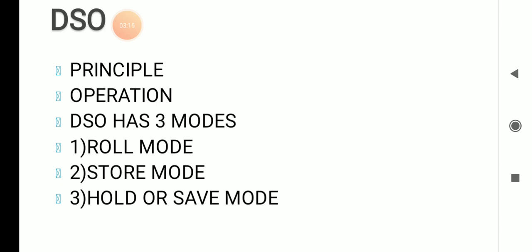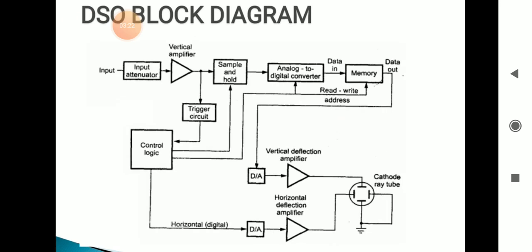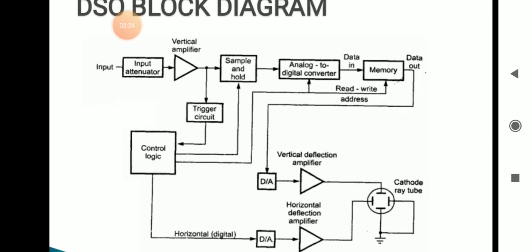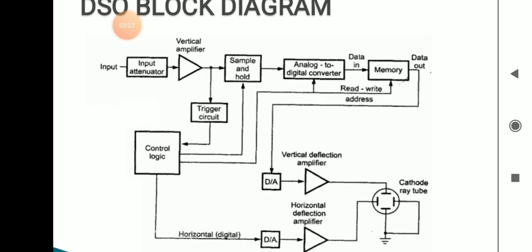Okay, next we'll move on to the operation part. What is the operation of DSO? This is the block diagram of DSO. There are so many blocks, and by using these blocks you have the operation or working. So what is that operation?